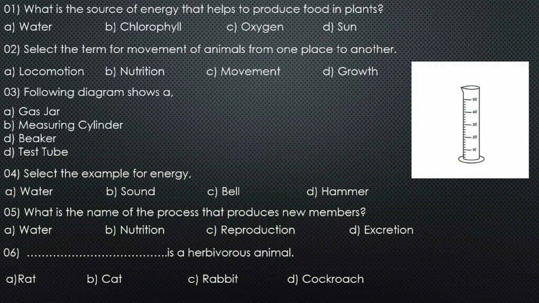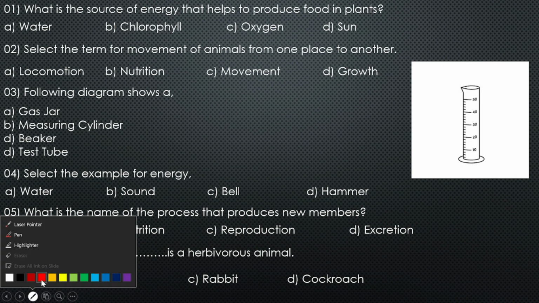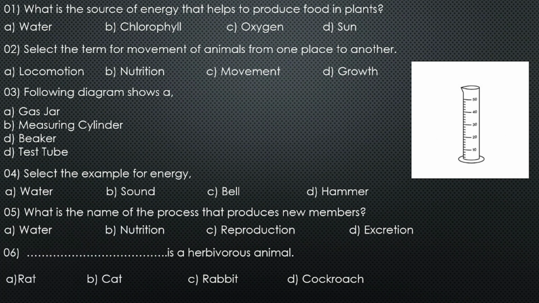Question number 1. What is the source of energy that helps to produce food in plants? This is the most important chemical reaction which can convert inorganic substances into organic substances, trapping energy inside. The answers are water, chlorophyll, oxygen, sun.